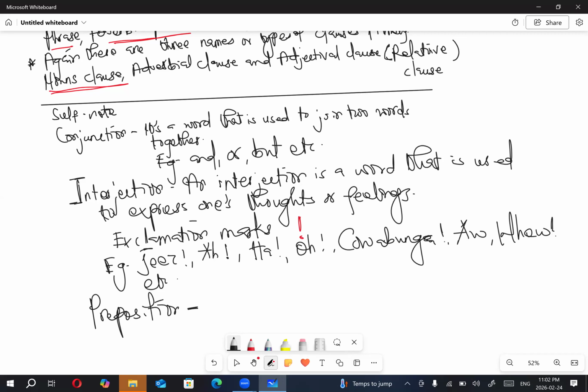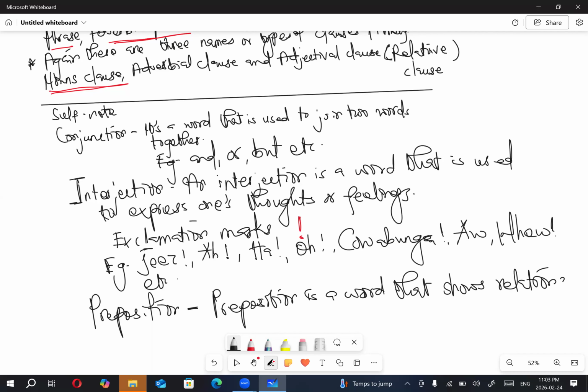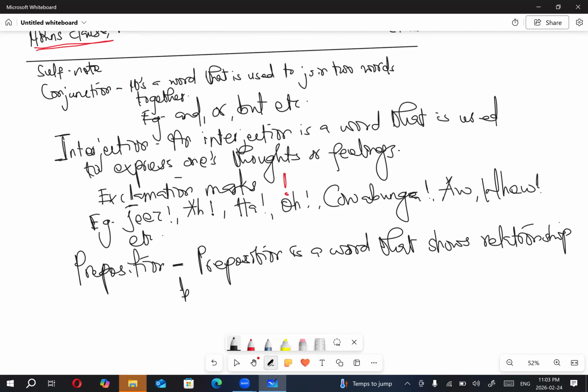So what's a preposition? A preposition is a word that shows relationship between nouns or pronouns.